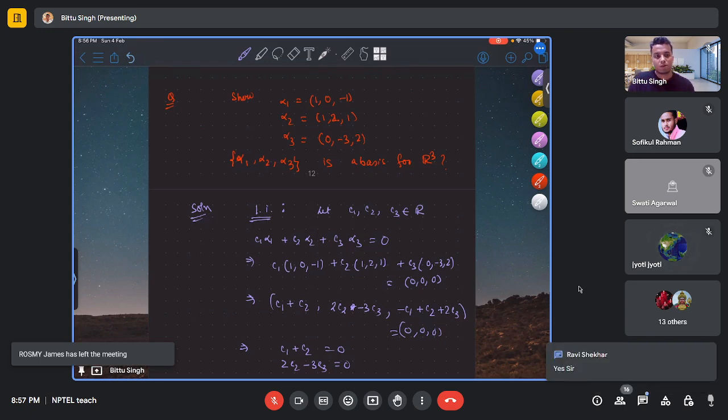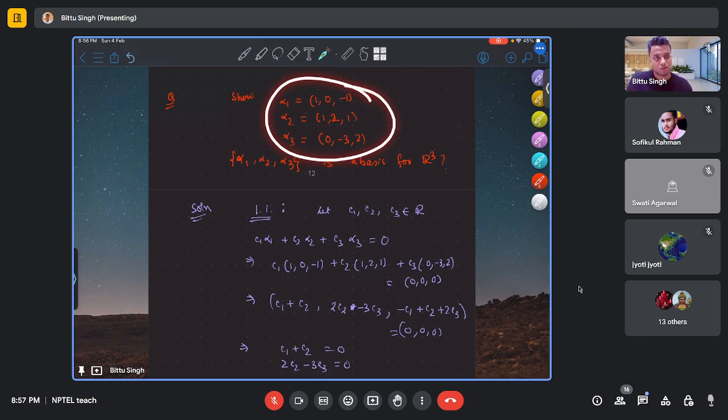Yes, sir. Now we need to check that not only are they linearly independent, they also span the whole vector space. In geometry, you can think of three straight lines: x-axis, y-axis, z-axis. These three straight lines span the whole space.